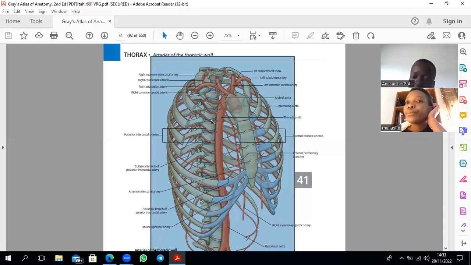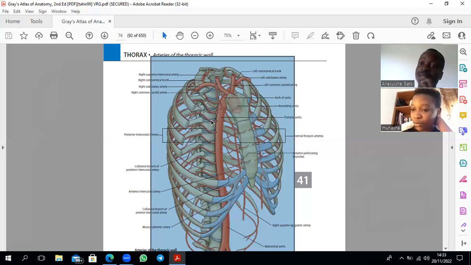Since you're doing all the vascular system, you're not doing thorax only. The arch gives you how many branches? 3. Are you sure? Yes, I'm sure. What gives blood supply to the thyroid gland? There's an artery called thyroidea ima. It also comes from the arch in a certain population.